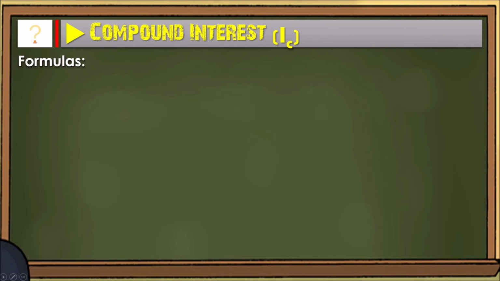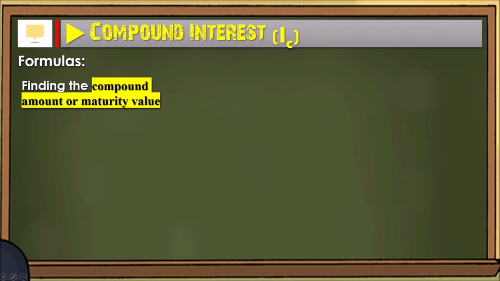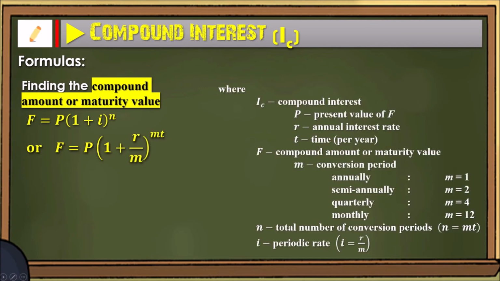For finding the compound amount, maturity value, or future value: F equals the product of the present value P and the parentheses of the sum of 1 and i, the periodic rate, raised to n, the total number of conversion periods, wherein i, the periodic rate, is equal to the quotient of the annual interest rate and the conversion period m, and n, the total number of conversion periods, is equal to the product of the conversion period and its time.